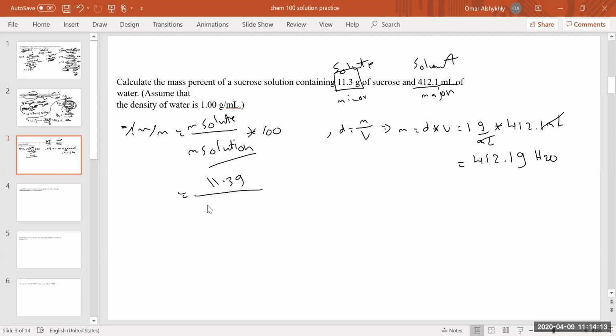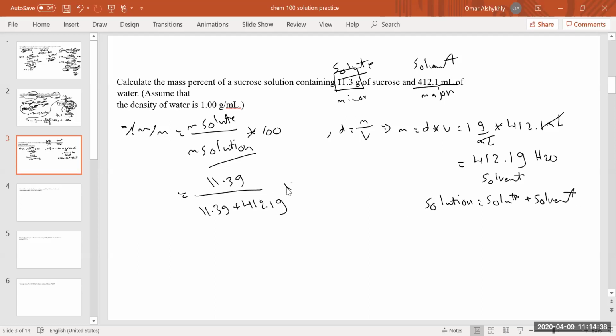Mass of solution will be 11.3 gram plus 412.1 gram. This is solvent. Be careful, guys. This is solute. Solution always equals solute plus solvent.